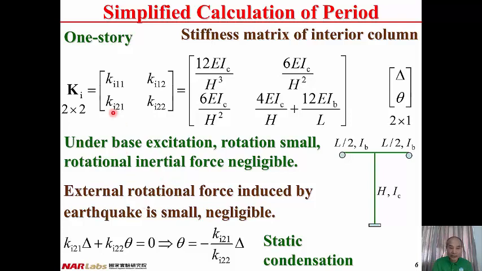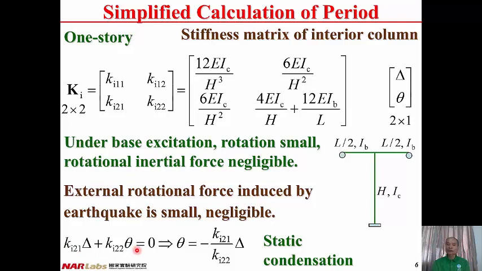So that we can consider the second equation, KI21 times delta plus KI22 times theta equal to 0. 0 here means that there's no external rotational force, and there's no acceleration here. That means that there's no rotational inertial force, so that this one becomes a static equation.